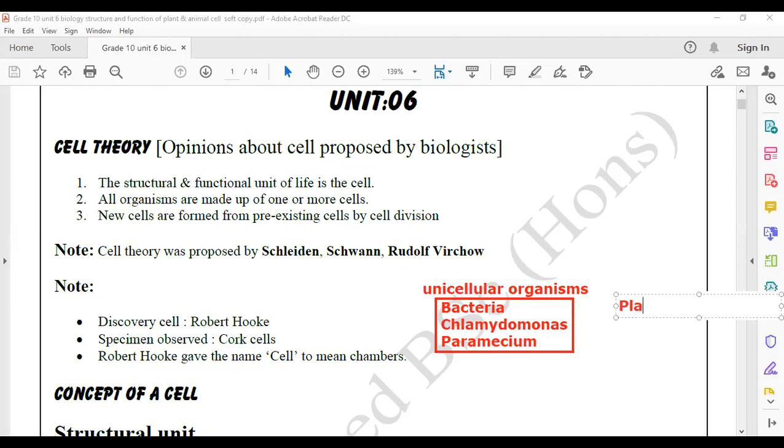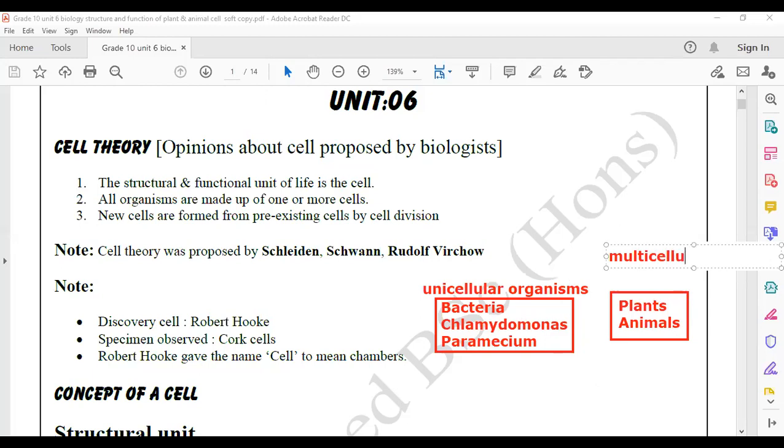You know these other organisms. What name do you give them? They are called multicellular organisms.